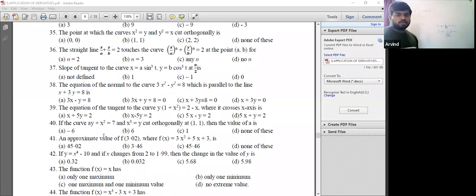So look at the question. The equation of the normal to the curve. So now we need to find the equation of the normal. The curve is 3x square minus y square equal to 8, which is parallel to the line x plus 3y is equal to 8. So you can do it.